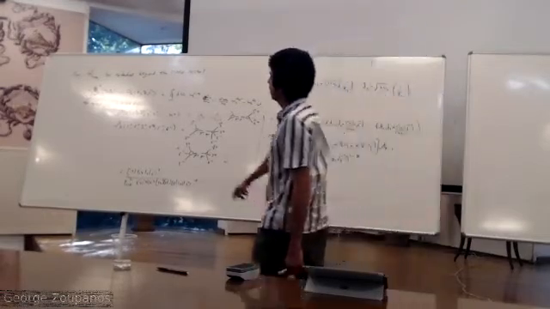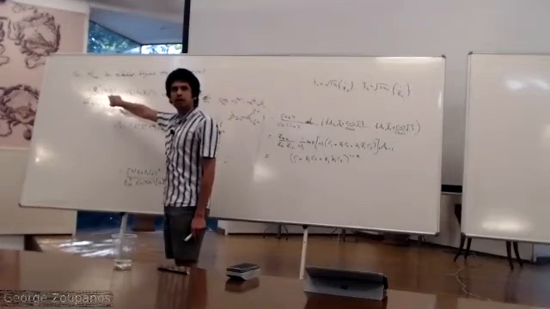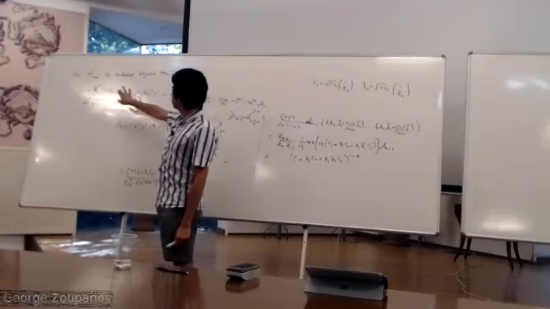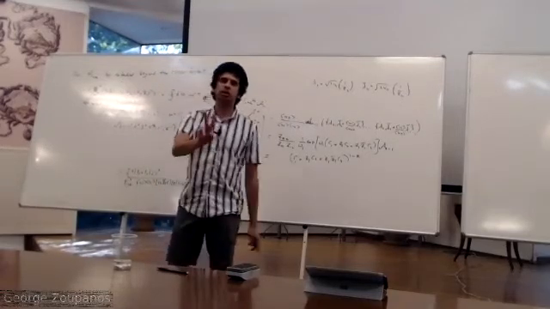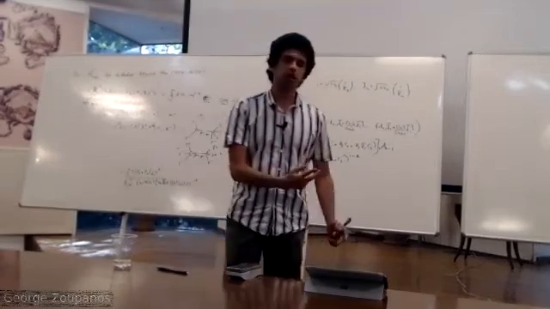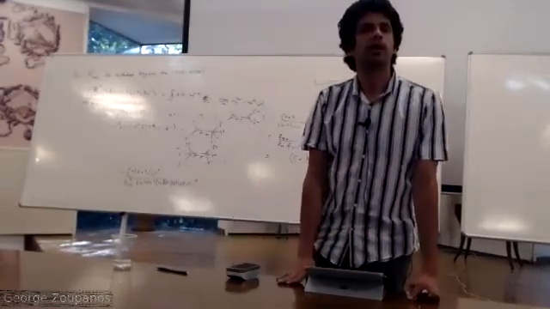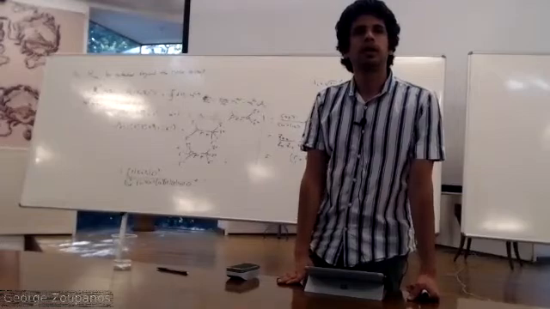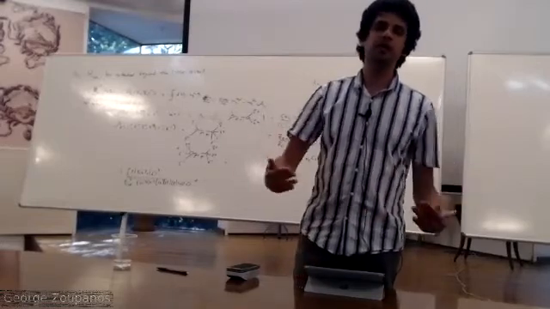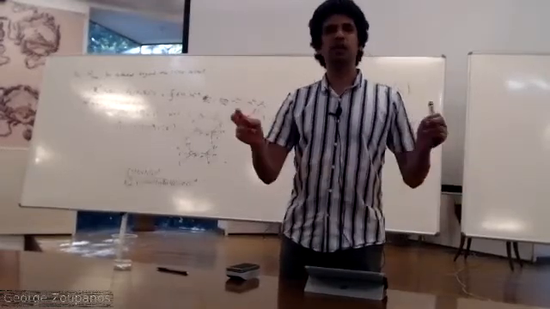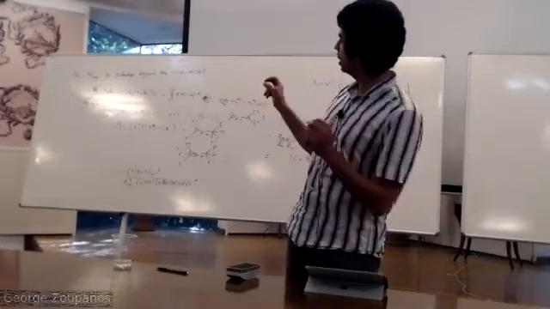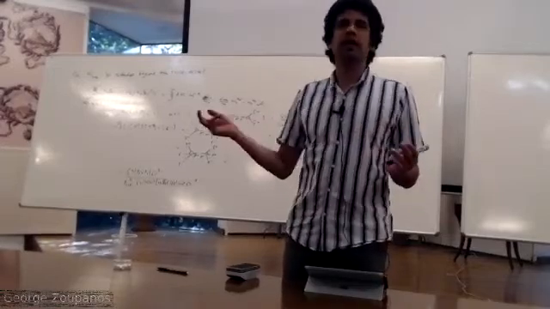I'm claiming that the single soft factor seems to depend on whether it's between two positive helicity gluons or between a positive and a negative helicity gluon. But if I'm trying to define something universally as the single soft current of a positive helicity gluon, it doesn't seem to make sense.